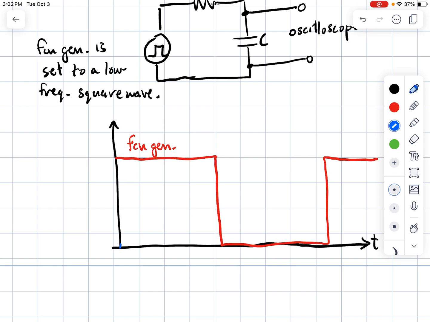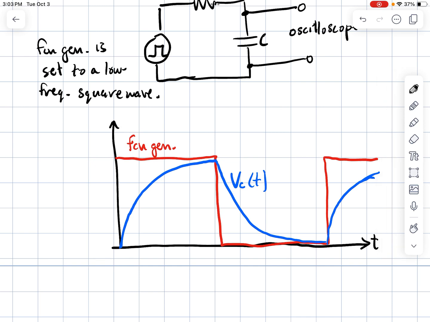Well, it's going to charge up. So it charges up and reaches some saturation, and then it discharges and goes to 0, and then charges up and reaches its saturation up here somewhere. And so this is the voltage across the capacitor. And so this is what you're going to see in the lab when you set up your circuit.